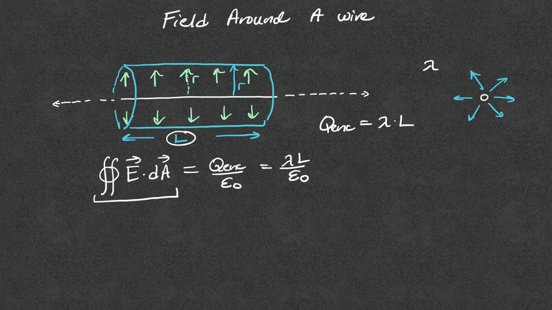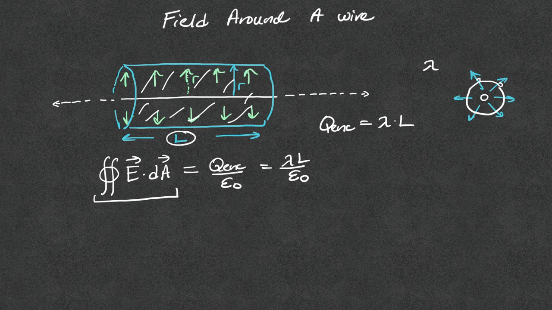And so first of all, we can notice that the electric field anywhere along the cylindrical part of the Gaussian surface is perpendicular to the Gaussian surface and constant at that radius r. So if I take a radius r, if we come over to this picture, at every point along that radius, the electric field is perpendicular to the surface, and it also is the same value because of symmetry.